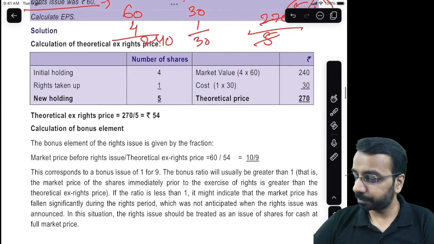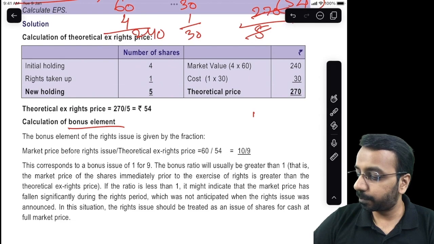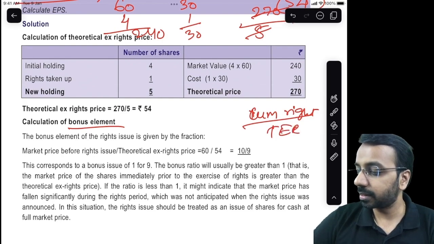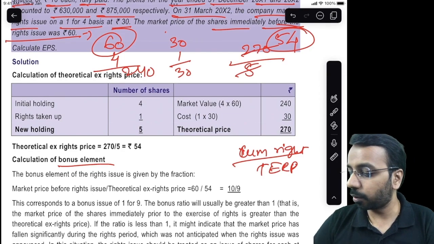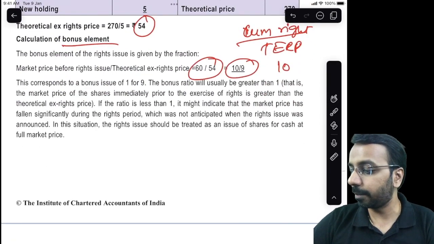Now, what is the bonus element? I told you the rights adjustment factor is the cum rights price divided by the theoretical ex rights price. Cum rights price is how much? 60. Theoretical ex rights price is how much? 54. So 60 divided by 54, that is 10 by 9.